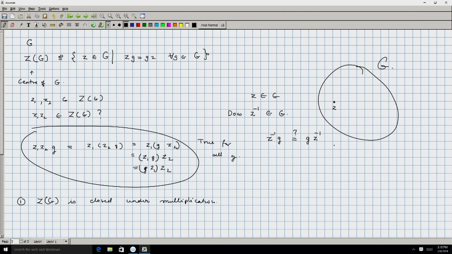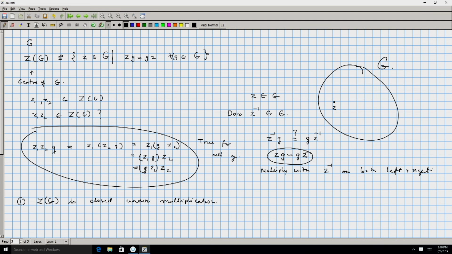That is almost the same statement as the corresponding statement for z. So, zg is equal to gz. So, consider this equation and multiply with z inverse on both left and right.